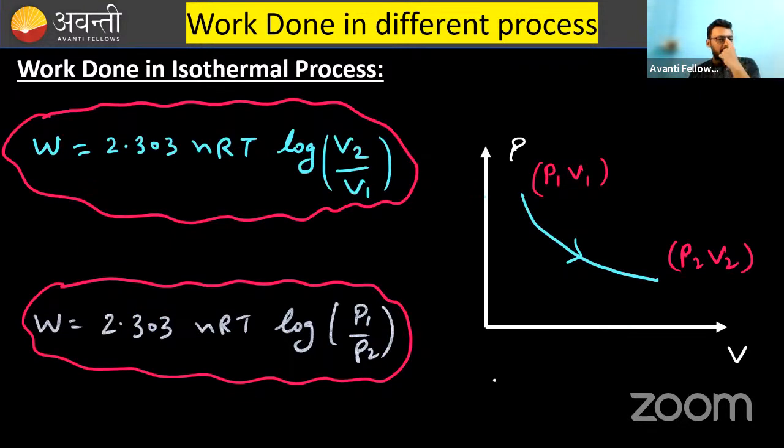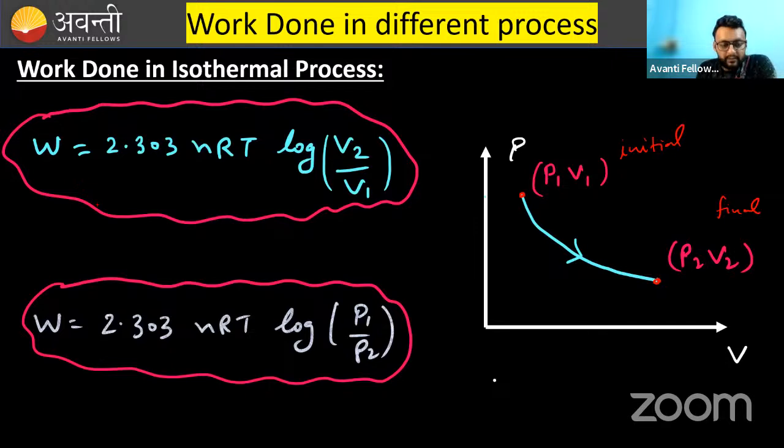Moving further. Again, work done in isothermal process. Isothermal process is represented by this graph. The arrow represents expansion. At this point, pressure and volume are P1 V1, and finally P2 V2. You should remember that P1 V1 are the initial values and P2 V2 are the final values.